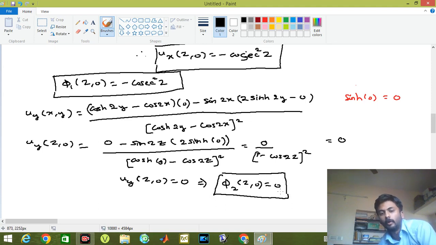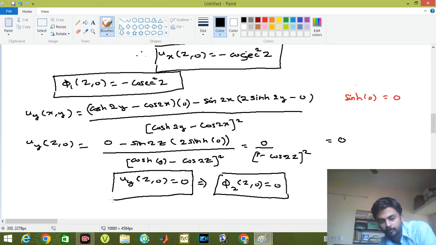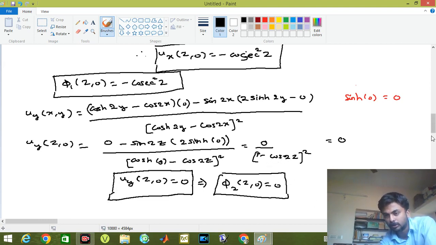Now we are going to construct the analytic function by using Milne-Thomson method. Milne-Thomson method means we are going to use the Milne-Thomson formula.